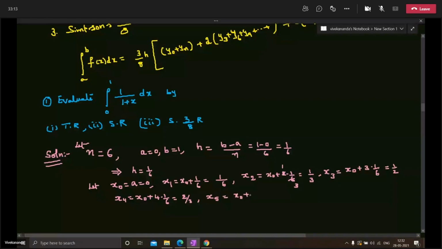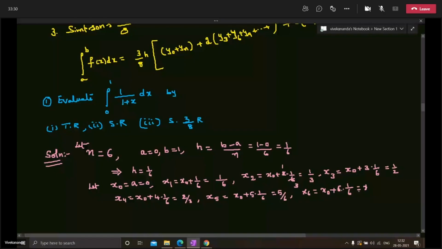And x6 equals x naught plus 6 into 1 by 6, which equals 1. x naught is 0, 0 plus 1 is 1.